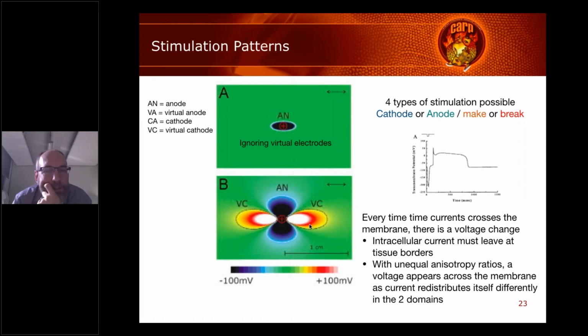If the virtual cathodes weren't strong enough to stimulate the tissue, then when we turn off the stimulus, the currents rushing in would excite the tissue under the anode. That would be called an anode break. And conversely, at the cathode, you can get cathode make because, just reverse the colors that you see in B, and you can also get cathode break from the virtual anodes created at the cathode.